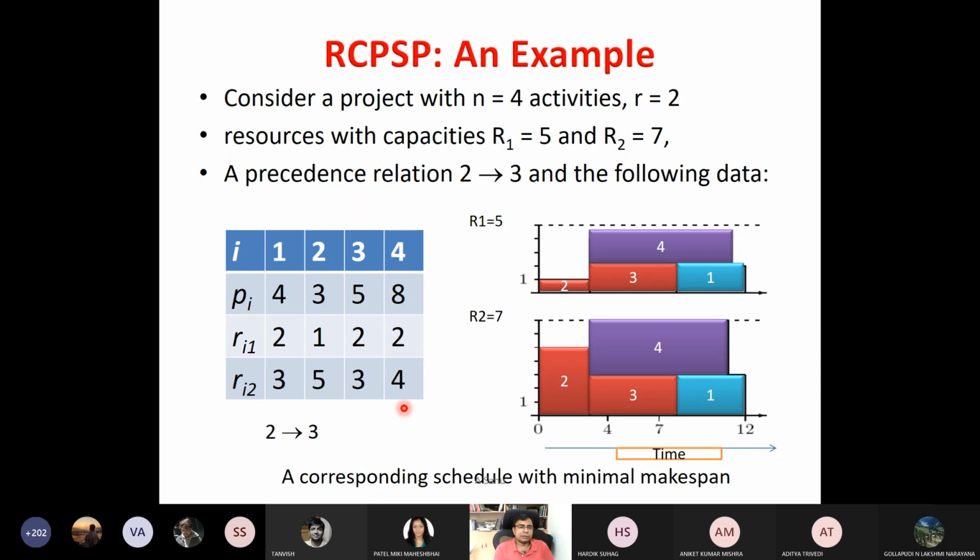So what is ri1? Whenever you execute this process, it will take this many resources: 2 resources of R1 and 3 resources of R2.